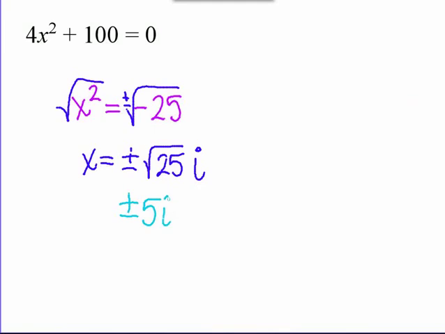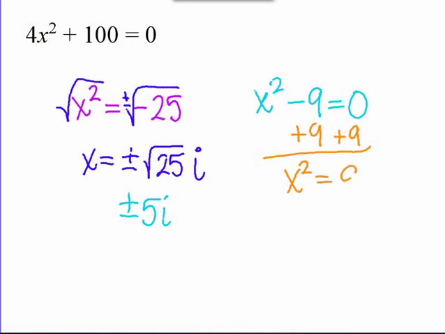Now believe it or not, and I wasn't going to show you this with the factoring, if you had something like this, you could solve it the exact same way we just got done solving it. If you didn't want to factor and do plus or minus, you could just add 9 to both sides, and you end up getting x squared equals 9. And then what do you do?